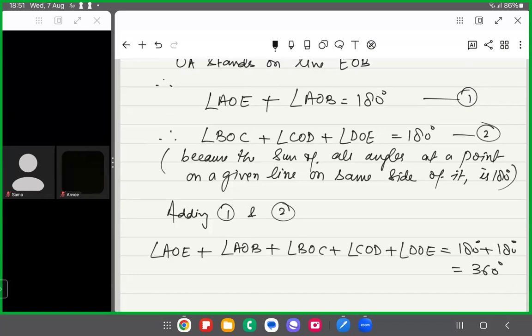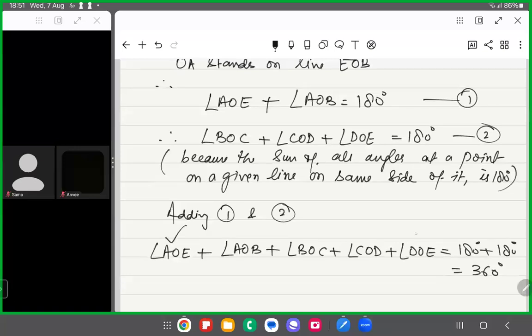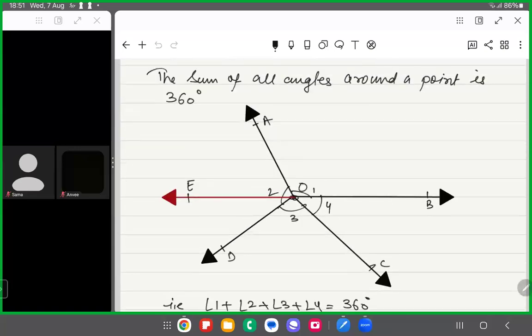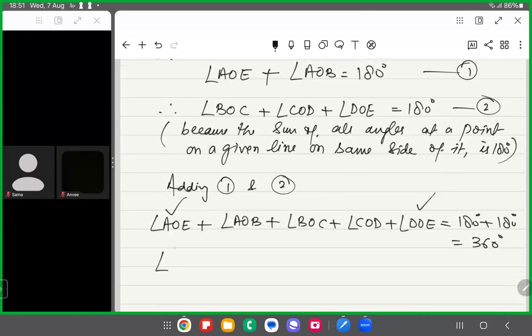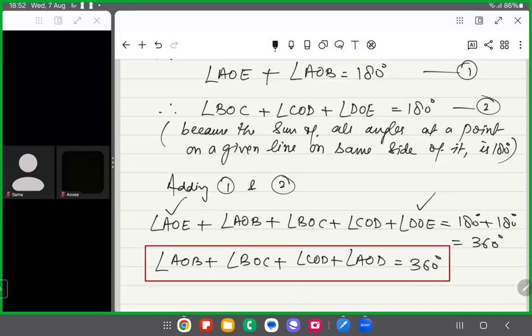Now angle AOE and DOE, this and this, is angle DOA. So we can say that angle AOB plus BOC plus COD plus AOD, the sum of these angles, is 360. And hence we have proved that angle 1, 2, 3, 4 is 360 degrees.